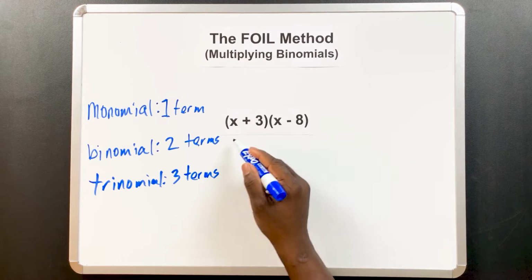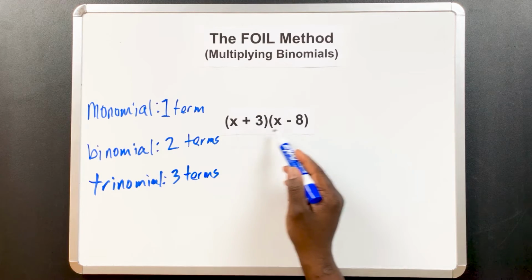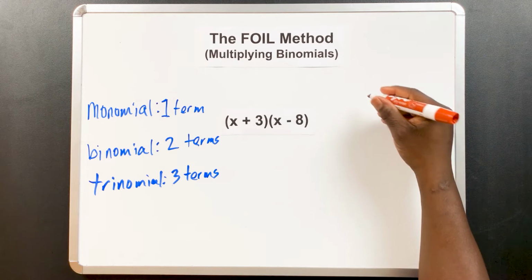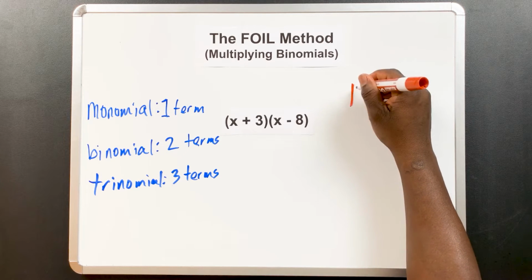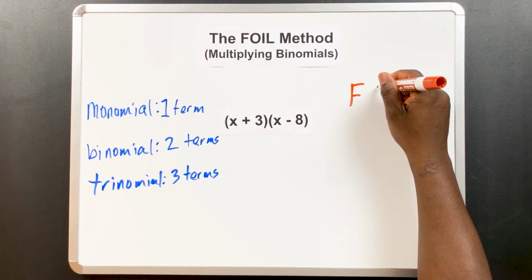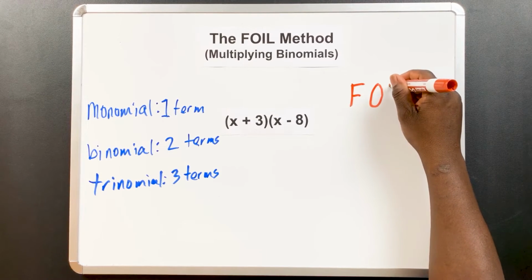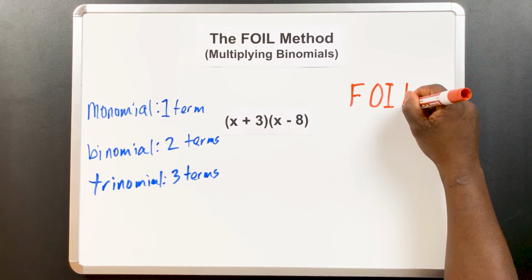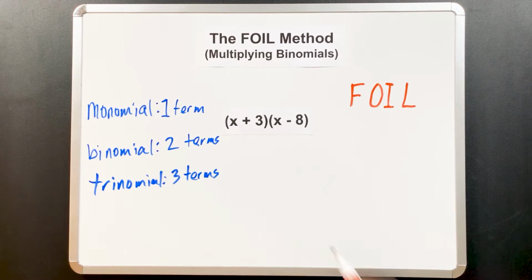Now today we're dealing with the product, like I said, of two binomial expressions. Now the FOIL method is really an acronym, and I'm going to clarify what that represents. It's an acronym that we're going to use as a guide for multiplying these two binomial expressions.